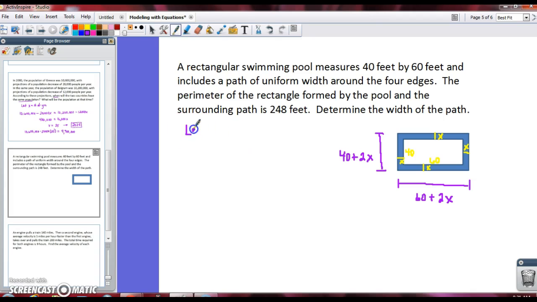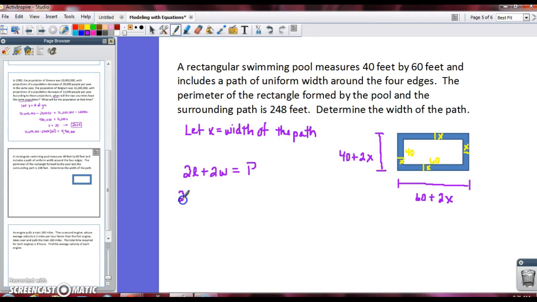So let's first say what x is. Let x equal the width of the path. Okay? And now the other important piece of information we have here is the perimeter. And we know that perimeter, 2 times the length plus 2 times the width is equal to the perimeter of our rectangle.